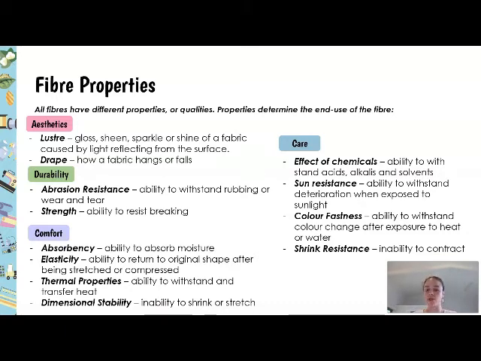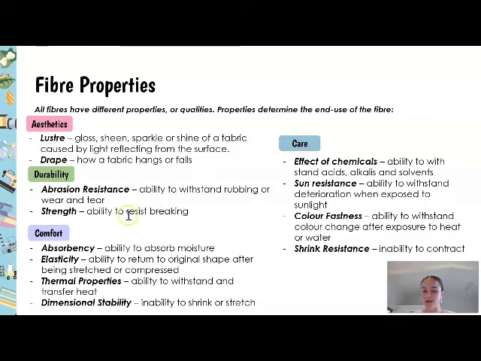So for example, if I was to develop marine grade upholstery for a boat, so chairs for a boat, I wouldn't so much think about aesthetics. What would I be thinking about? I would be thinking about durability, so abrasion resistance.